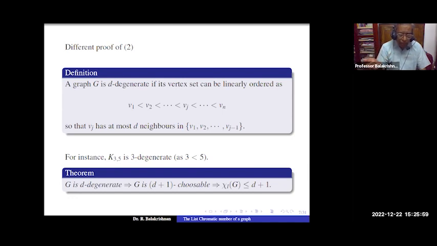Therefore, the difference is greater than or equal to k. That means there is another k-subset out of this. Out of this k-subset, you have to choose one color, but that color will not be found in this list because it is in the complement. So this is not possible, which means at least k colors you have to give to X.